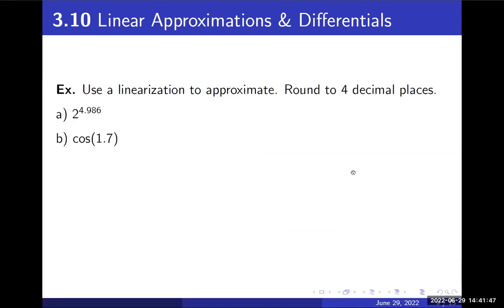Okay, let's check out a couple of these. We're going to use linearization to approximate 2 raised to the 4.986 and the cosine of 1.7. Let me switch it over here.